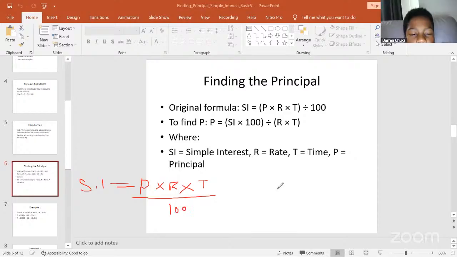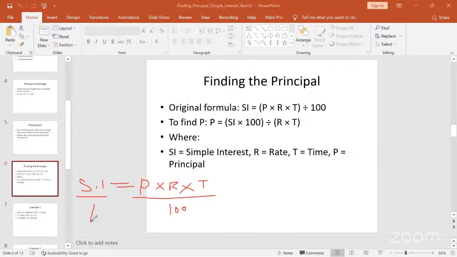Now we have to rearrange this formula in order to make the P, which is the principal we're looking for, stand alone in this formula. And how do we do that? We're going to cross multiply.